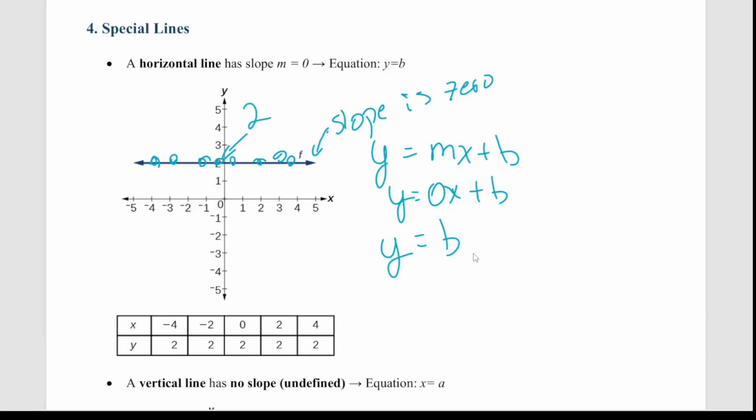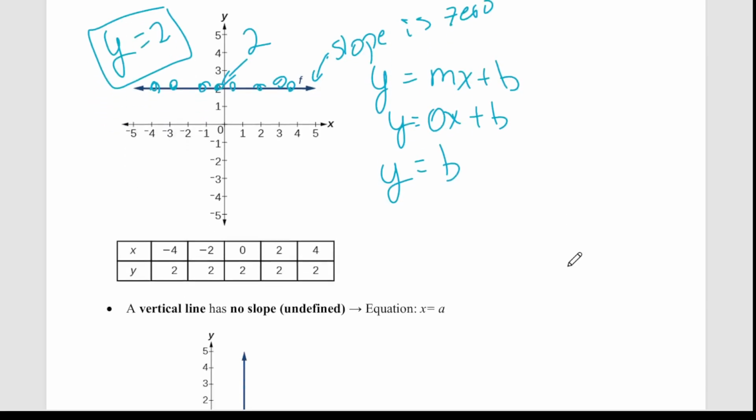So this particular equation would be written as y equals 2 because all of those y values are equal to 2. And you could confirm that by making a table of points as well. Whatever is that common y value for everybody, that's your equation.